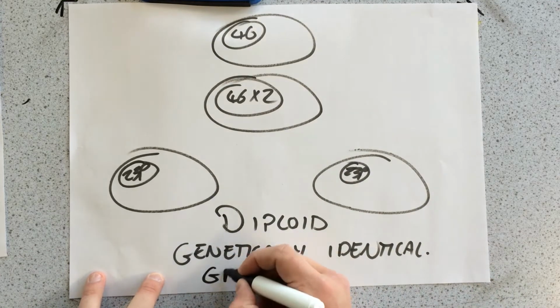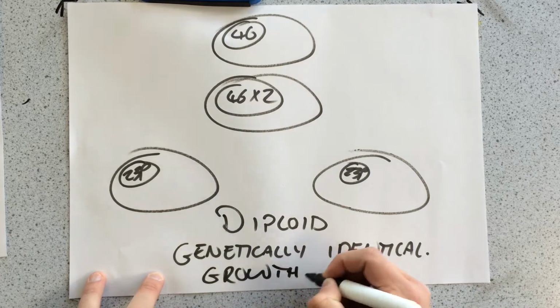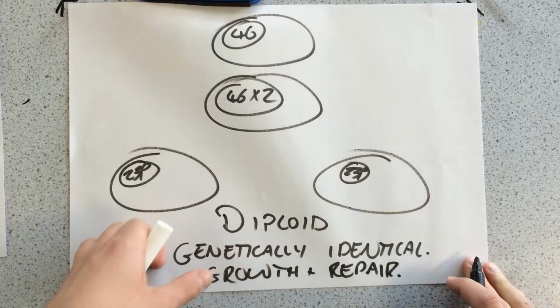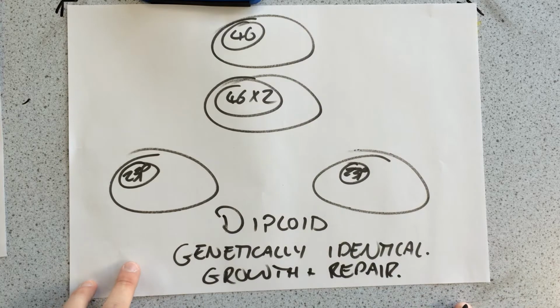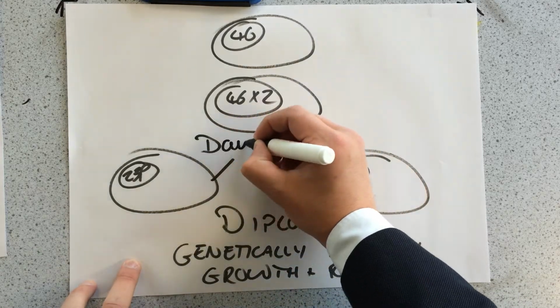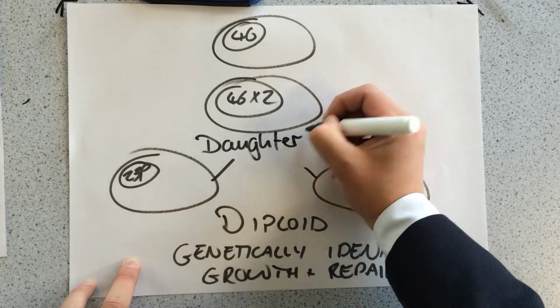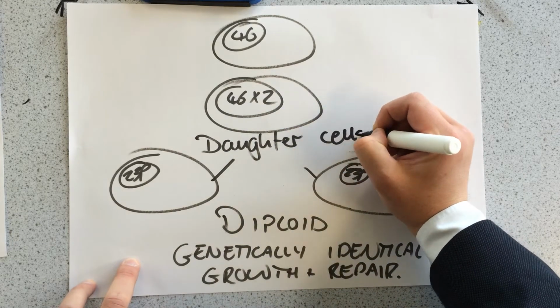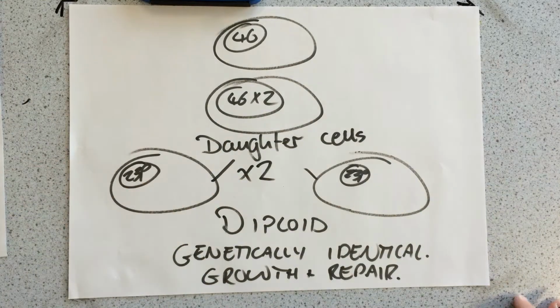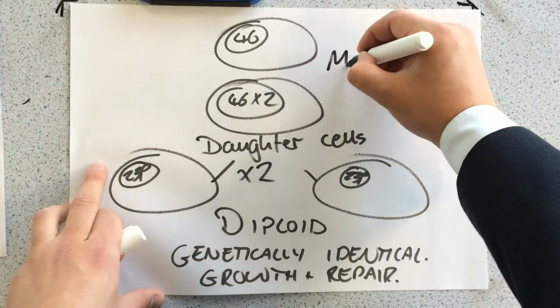For this, I will use growth and repair. These 2 cells we call daughter cells, not like physics where you've got daughter nuclei. We've got 2 daughter cells. And that's it. This whole process is called mitosis.